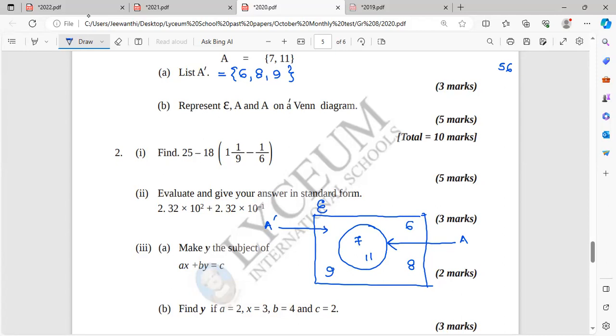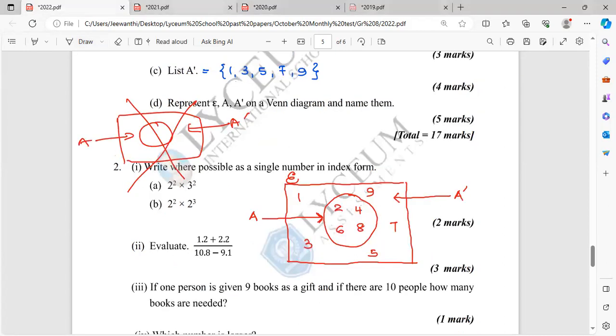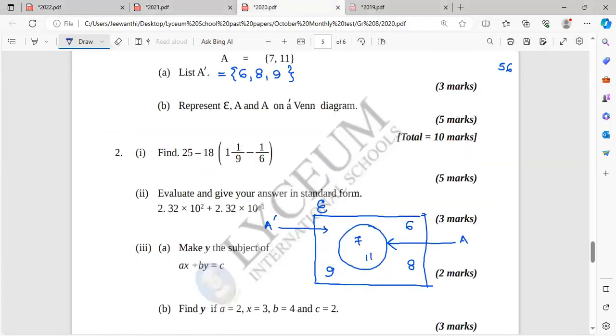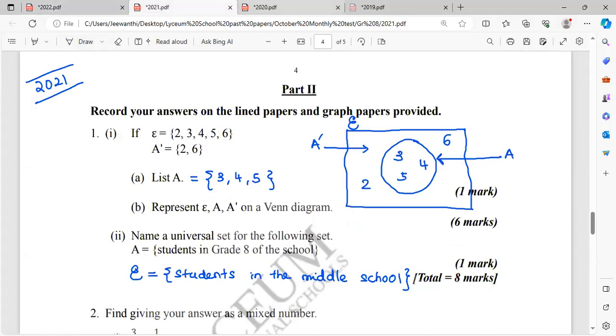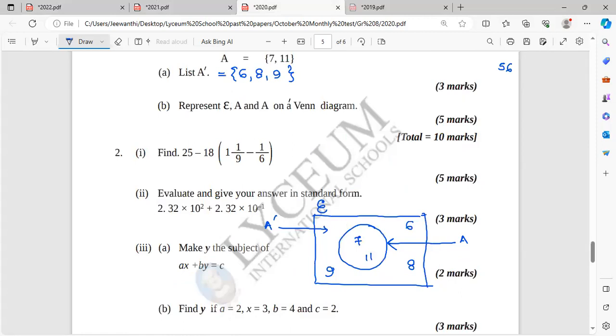Okay. So then we discussed the 2022, 2021, and 2023 past papers and the 3 sets question. Hope you can understand that in some papers it is like 17 marks, and in another paper it was 8 marks, and in 2020 it was 10 marks.